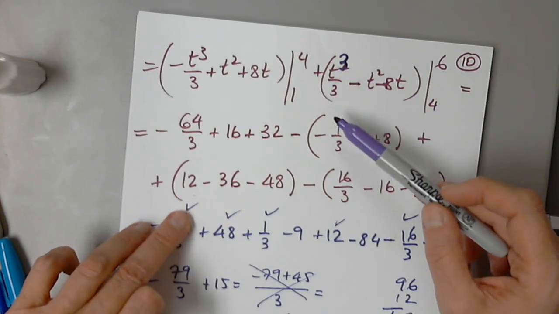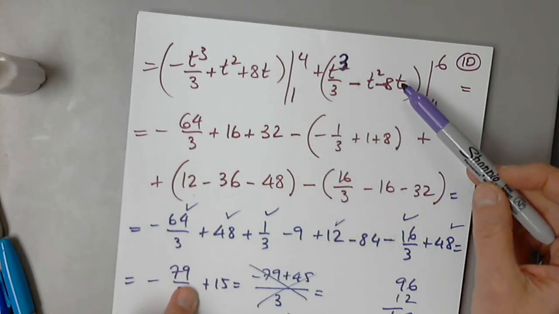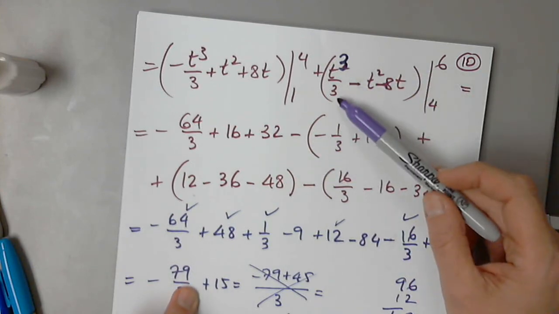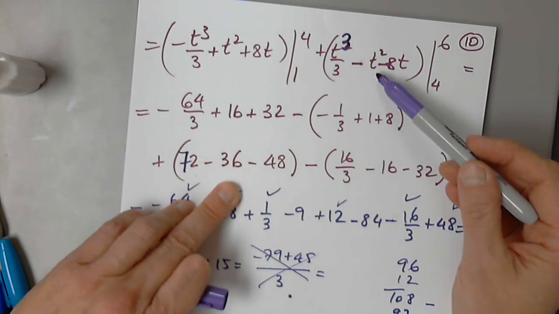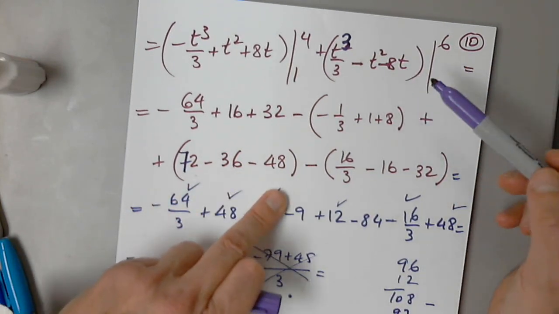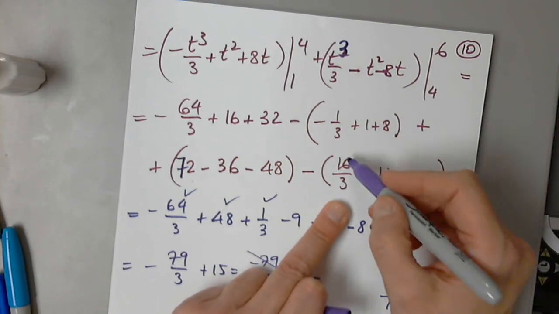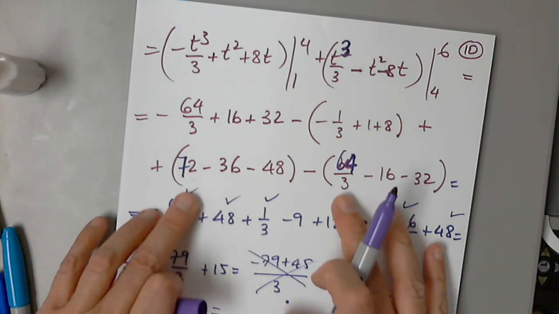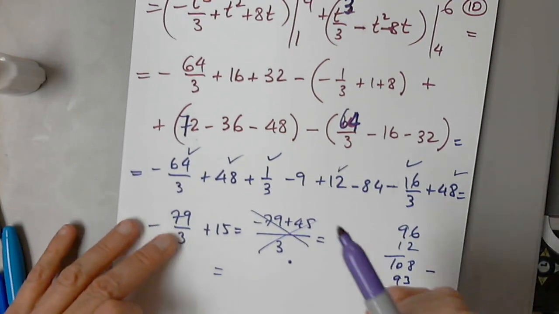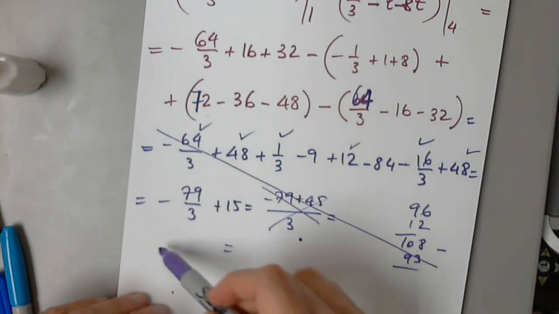So this is again, that's 72, right? Okay. This is 36, that's correct. And this is 48, that's correct. But now this one is not. So this is 64. And that's correct. Okay, these two had to be adjusted. Now, this whole thing collapses.